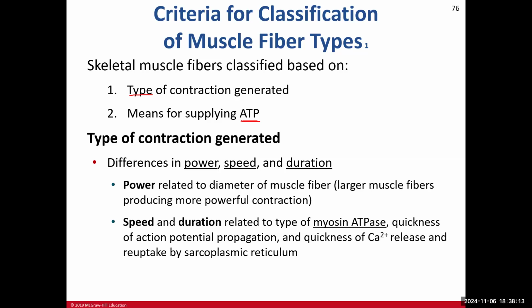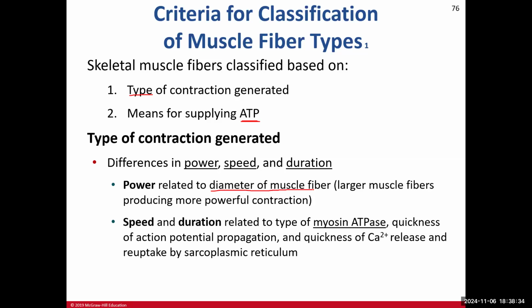Basically, when we talk about power, the more the merrier, meaning the more muscle tissue you have, the more powerful a contraction you can generate. So we measure that by the diameter of the muscle fiber. Smaller muscle fibers generate less power. Larger muscle fibers generate more power.